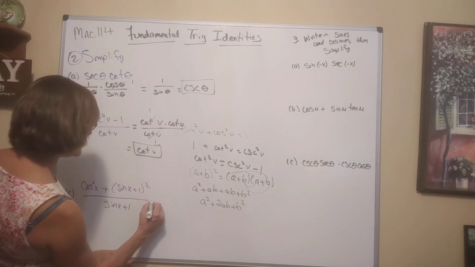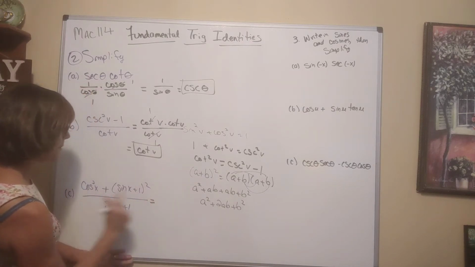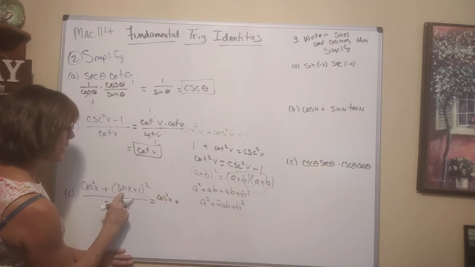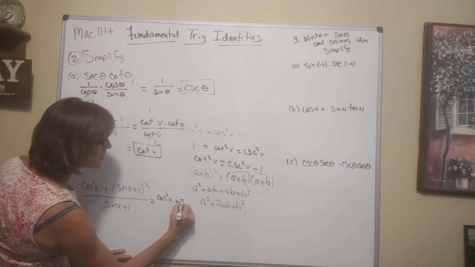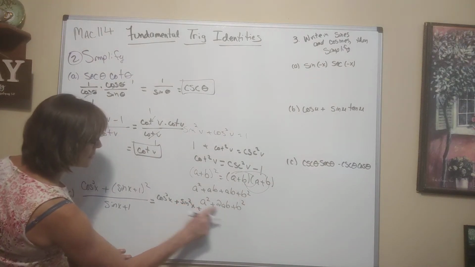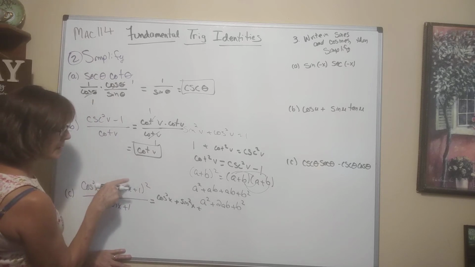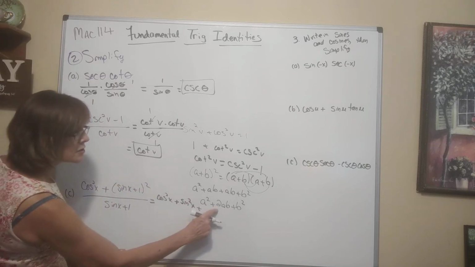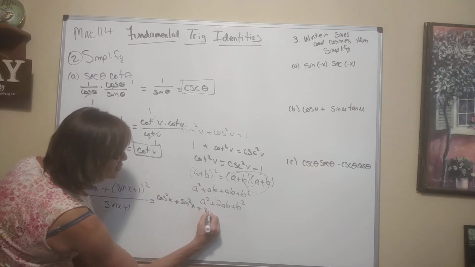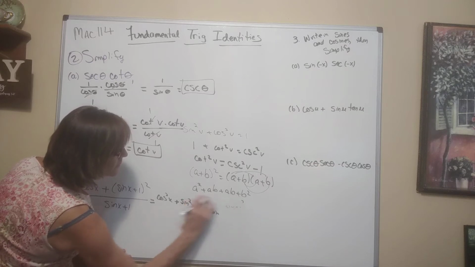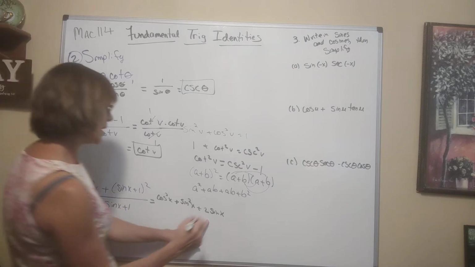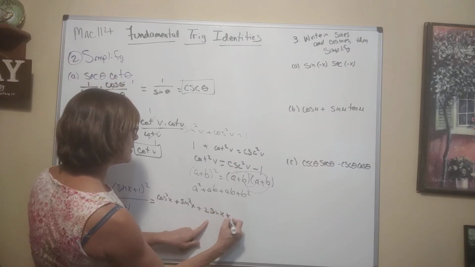So this is equivalent to, I'm just going to copy down the cosine squared of x plus a squared, sine squared of x, plus the number 2 times the first thing in the term times the second thing, 2 times a times b. 2 times sine x times 1 is just 2 sine x, plus b squared, 1 squared.